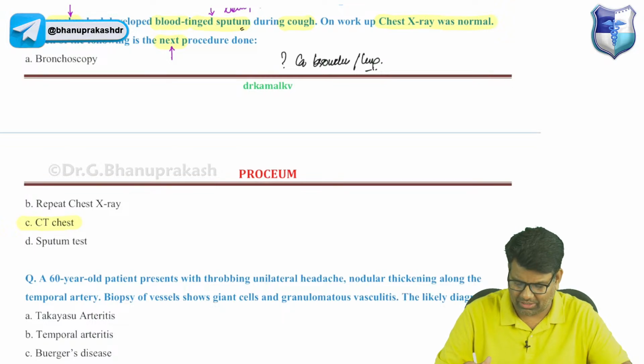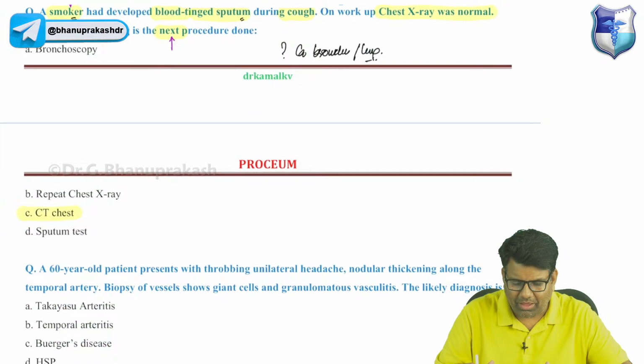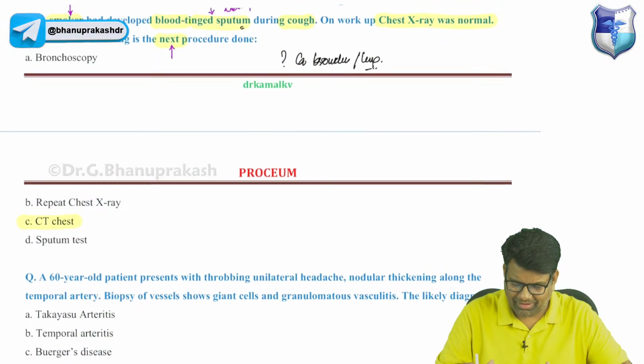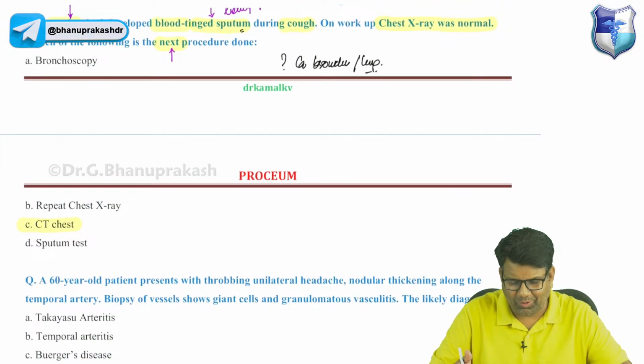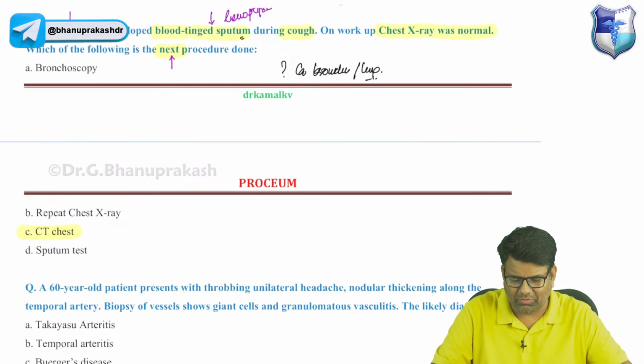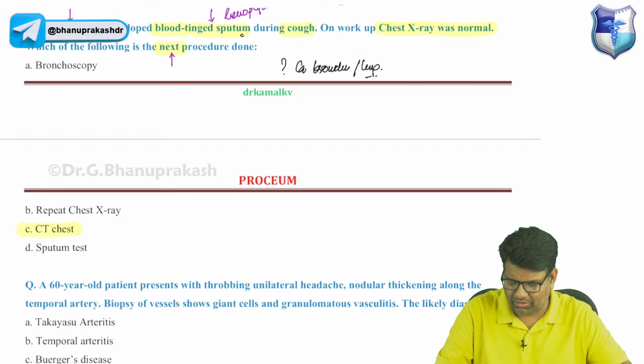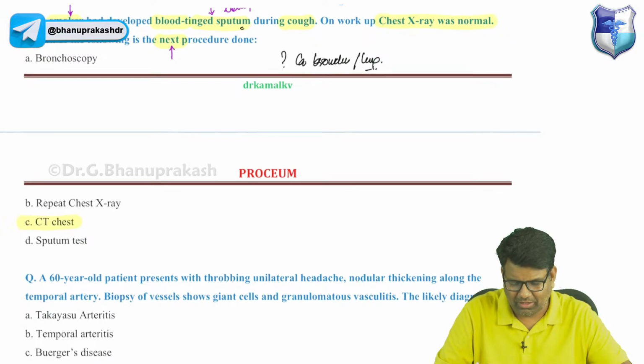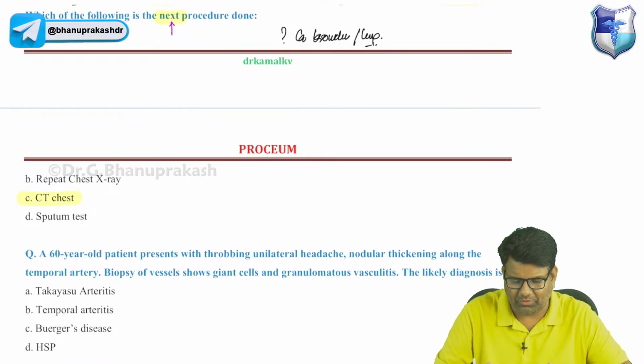We are not going into considering it as a case of tuberculosis, so sputum does not hold that much. Sputum won't give us much information in this particular case, because we are taking it as a case of carcinoma bronchus, carcinoma lung. So better take a CT chest, and based on that we can proceed further.